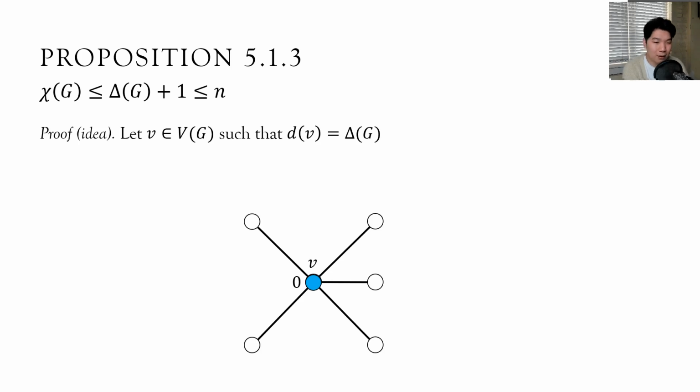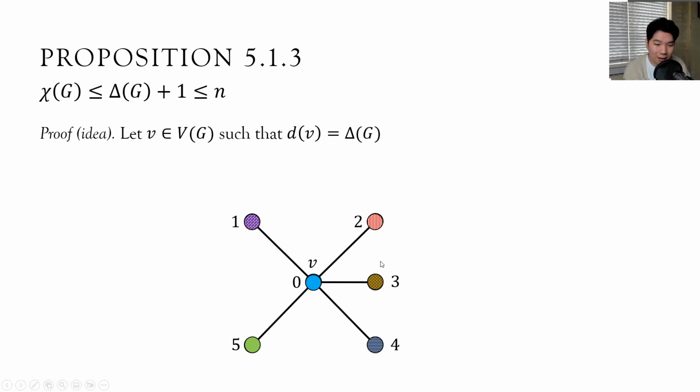So if I start with the color 0, one thing I could do is, for each neighbor that I have, assign each one of them a different color. For example, I can assign them the colors 1, 2, 3, 4, and 5. By assigning each neighbor a different color, regardless of whether these two top vertices, for example, are adjacent or not, I'm still going to have a proper coloring of these vertices.